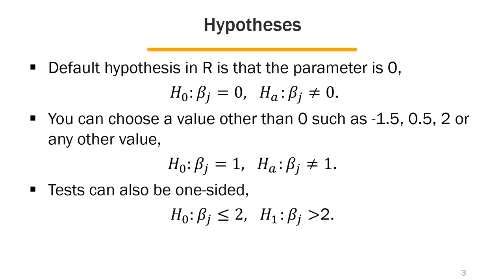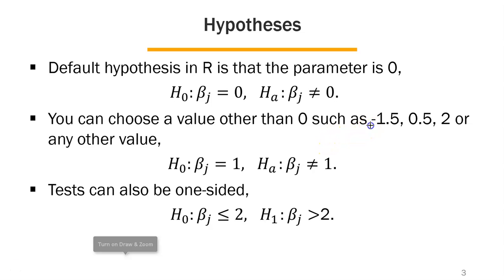So an individual regression coefficient is a value like beta with some subscript that you have there. In R, the default is that that value is 0, indicating that there's no relationship between that explanatory variable and the response variable. But you could use some other value.